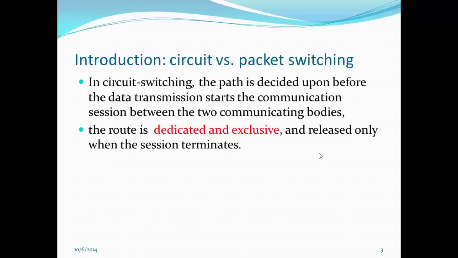Students need to understand the difference between circuit switching versus packet switching. In circuit switching, the path is decided upon before the data transmission starts, the communication session between two communicating bodies.